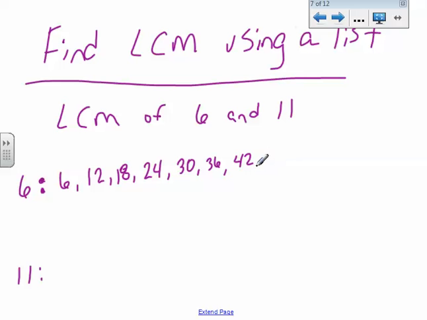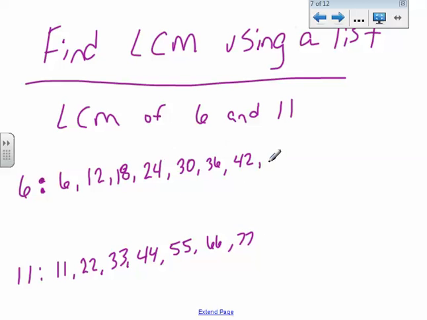And we're going to stop because let's see if any of these match. Multiples of 11: I'm just going to count by 11s. 22, 33, 44, 55, 66, 77. None of these match up yet, do they?